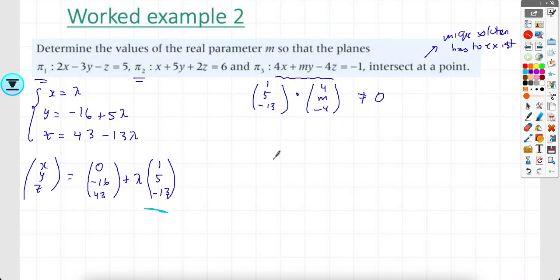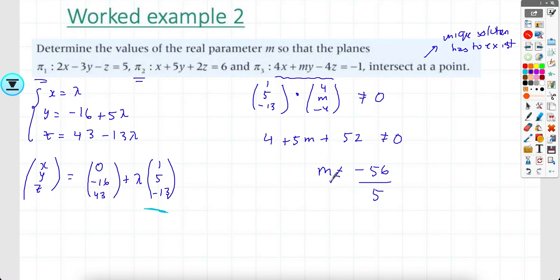So this is what I'm looking for, which means that I don't want 4 plus 5m plus 52 to be equal to 0. And when you're solving for m, you end up with negative 56 over 5.